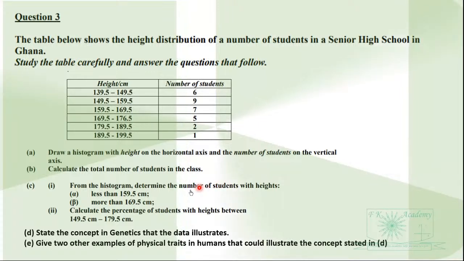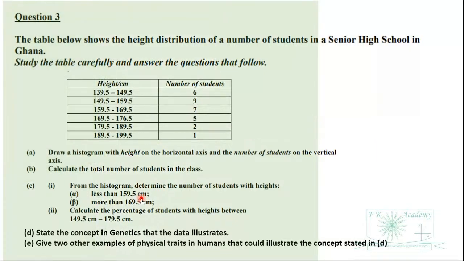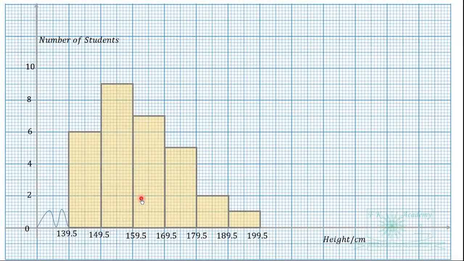Then we're also asked to, from the histogram, calculate the number of students with height less than 159.5 centimeters. So from the histogram, those who have height less than 159.5 centimeters are 9 and 6. 6 students here and 9 students here.